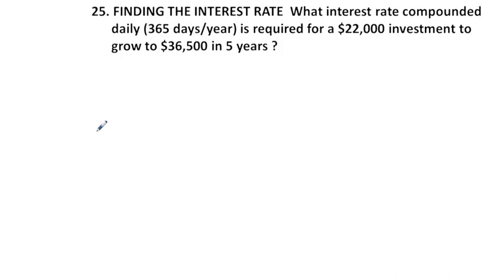25, finding the interest rate. What interest rate compounded daily, which is 365 days per year, is required for a $22,000 investment to grow to $36,500 in 5 years? Same formula.